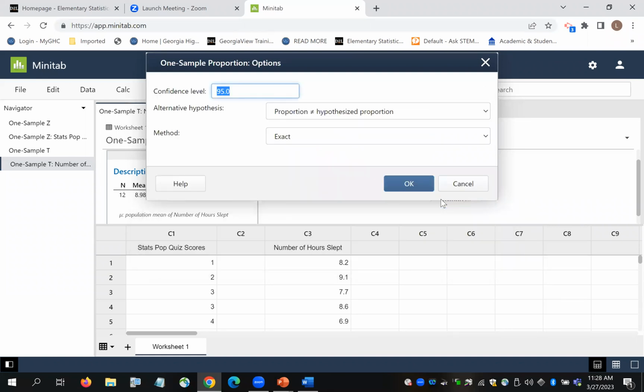Go to options. I am doing a 95% confidence. My alternative hypothesis is not equal. And then for the method, we always want to use a normal approximation, all the time when I'm doing a proportion.